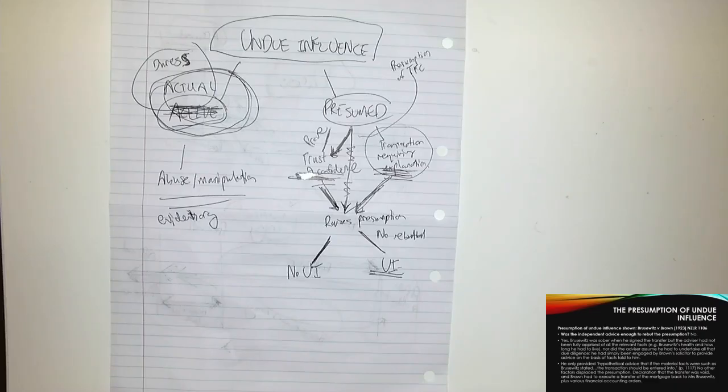They were doing so of their free will. It was informed. It wasn't just a box-ticking exercise. So Brozovitz and Brown says, don't just see they've had independent advice and then say, oh, that can rebut the presumption. No, you need to show why that independent advice shows the transaction was appropriately entered into.